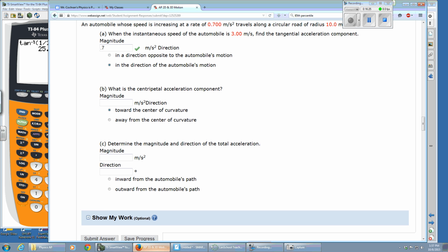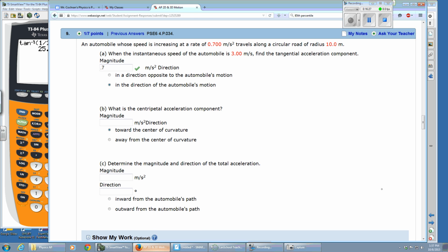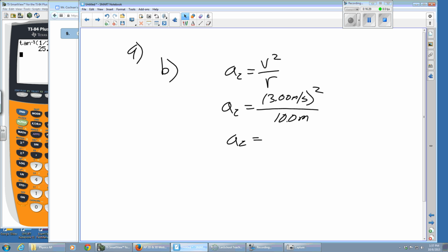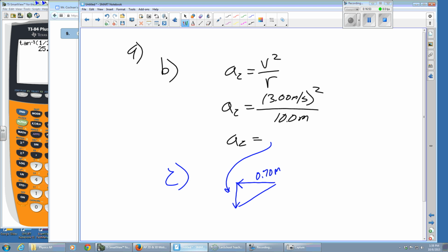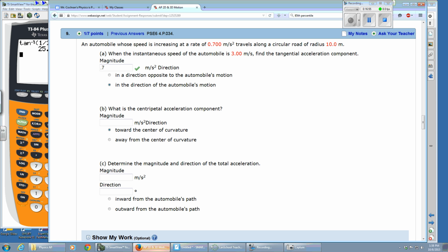Determine the magnitude and direction of the total acceleration. I really gave you this. Well, I'm picturing that it's at the very top. So its tangential component, which for me was 0.7 meters, is in that direction. Its centripetal component, I'm going to draw tip to tail, is in that direction. It's whatever my value there was.